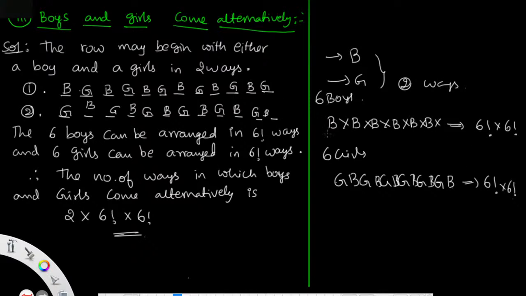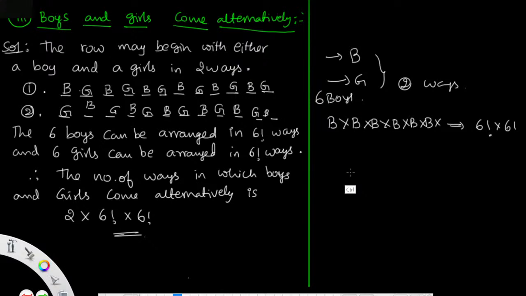If the row starts with boys, it should be in this form, or else the row may begin with girls. This is the other way. This is the first case and this is the second case: girl, boy, girl, boy, girl, boy, girl, boy.